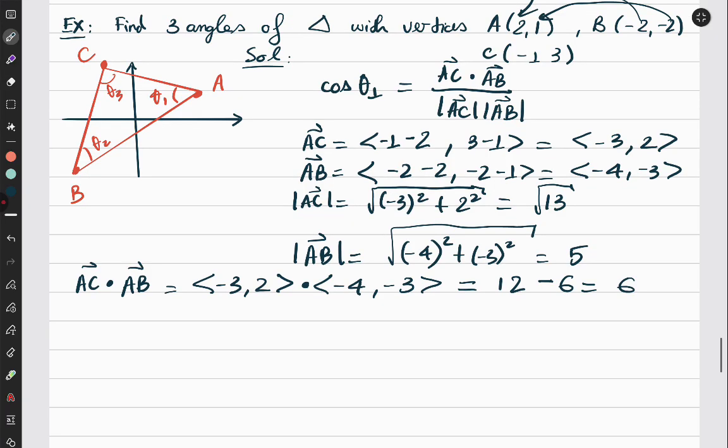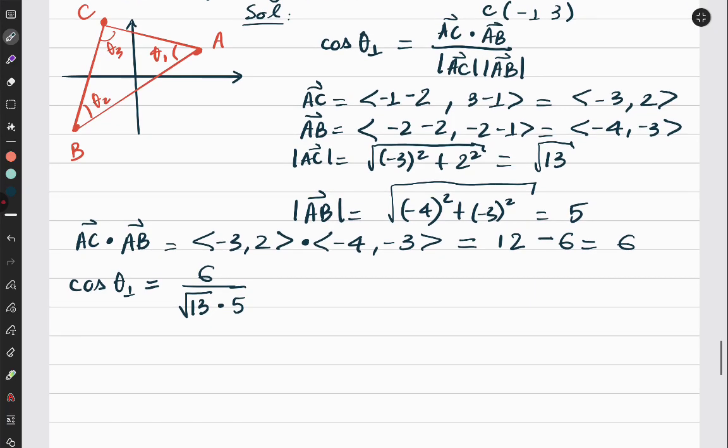We have everything to plug in. So cosine of theta 1 is going to be 6 as the numerator. The denominator is the square root of 13 times 5. Very ugly number, but still a number nonetheless.